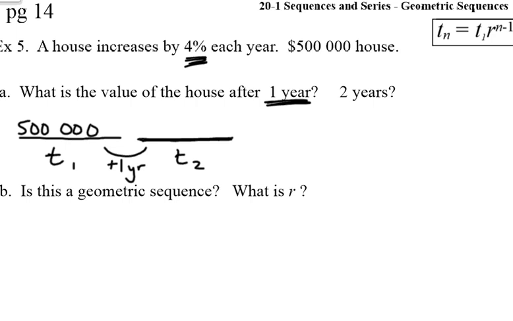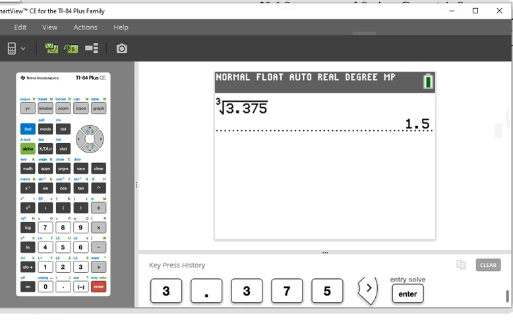Well, here's the problem. Remember, working with a percent, we need to work with the decimal value of it. And I'll have some students go 500,000 times 0.04.